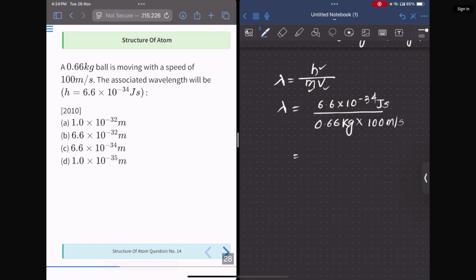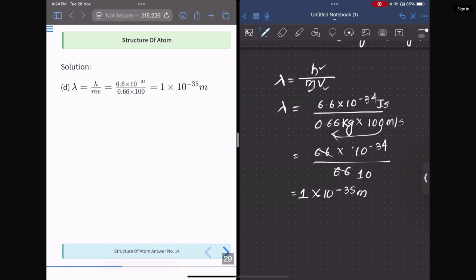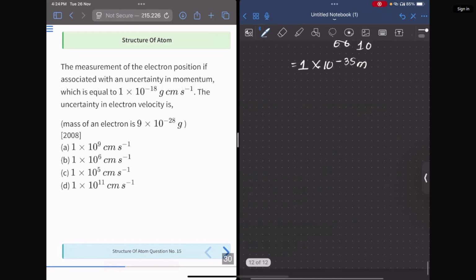If we calculate this, 6.6 into 10 to the minus 34 divided by 66, and 10 to the minus 35 will be the answer. 1 into 10 to the power minus 35 meter is the wavelength of the ball moving with a speed of 100 meter per second. This is the correct answer. Question number 15.